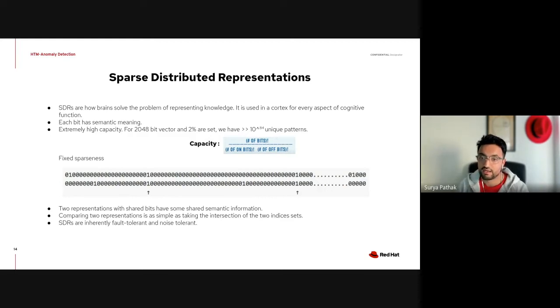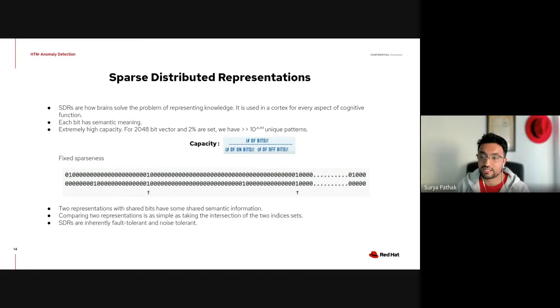Like the sparse distributed representations of tea and coffee are much more similar compared to tea and biscuit. They are completely different. And its capacity is also very high. For a 2048-bit vector with 2% set, that means 2% sparsity, only 2% of the neurons are active, we have 10 to the power 84 unique patterns.